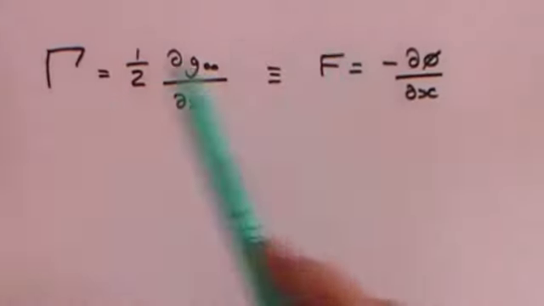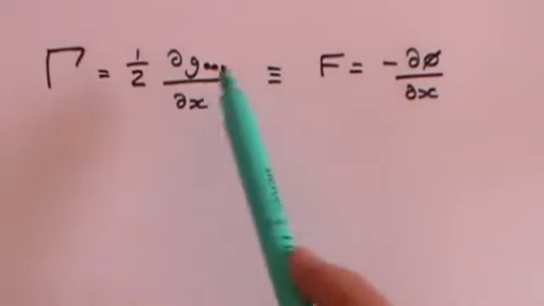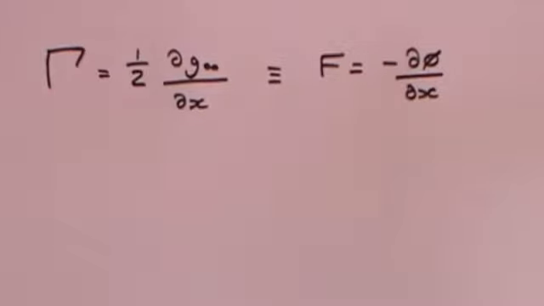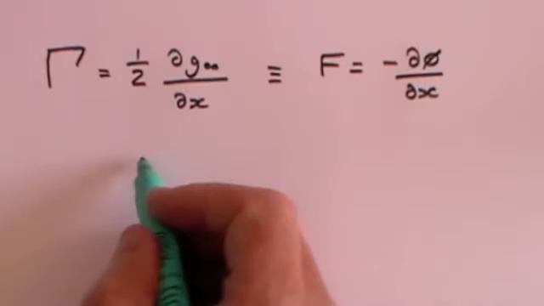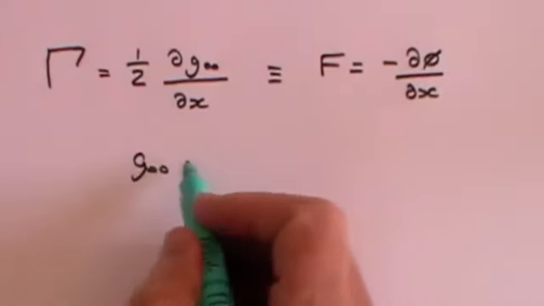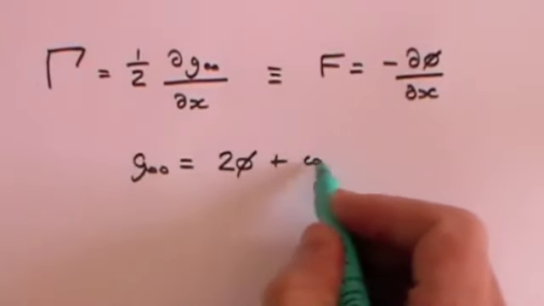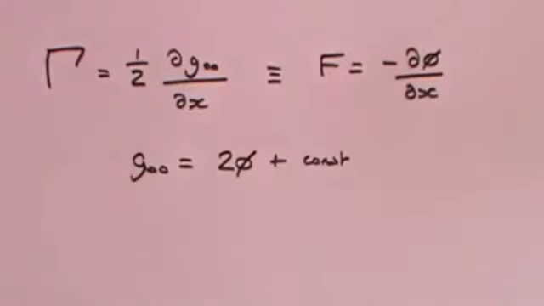And so we can see that if gamma is a force term, these two terms are broadly equivalent. And thus you get that g00 is equal to 2 phi plus a constant from the integration that you need to do. But you can forget all about the constant, because as soon as we differentiate again, that constant will go. There is probably a minus sign in there somewhere, but we don't need to worry too much about that either. We're looking at the principle here.